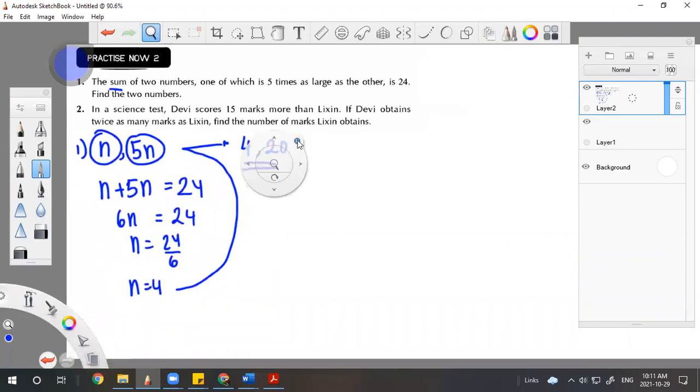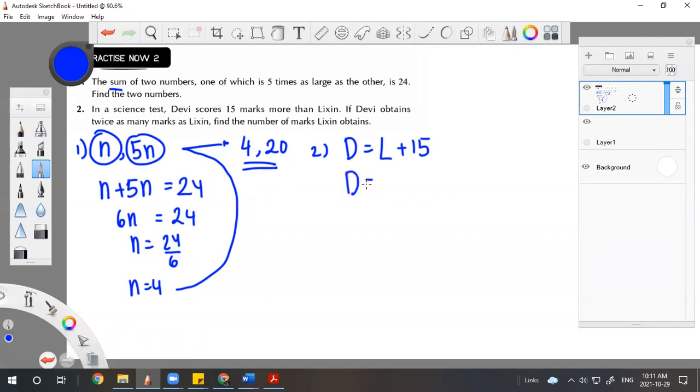Okay, now number 2. In a science test, Devi scores 15 marks more than Lisin. So Devi's score is L plus 15, right? And Devi obtains twice as many as Lisin, so Devi is 2L, right?